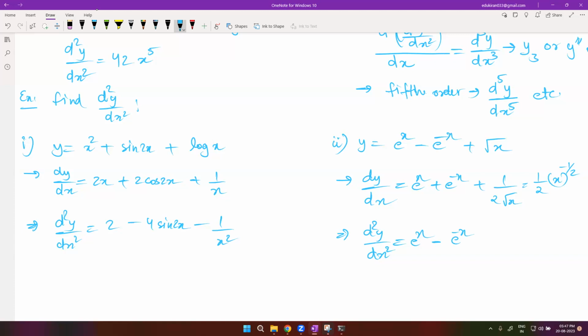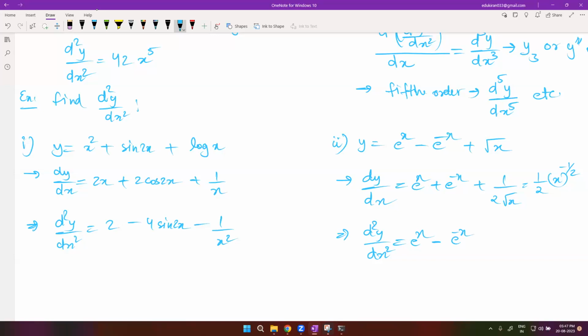Half of x to the power minus half. This is scary, because you should have known this, I guess. This is easy stuff too.